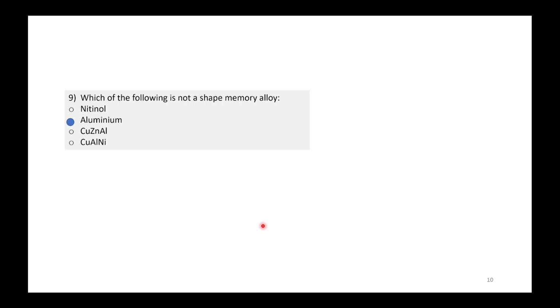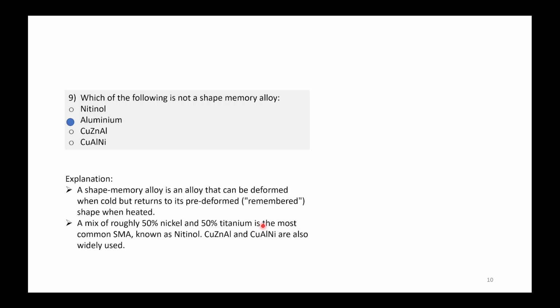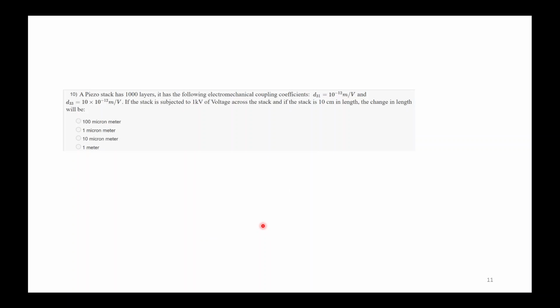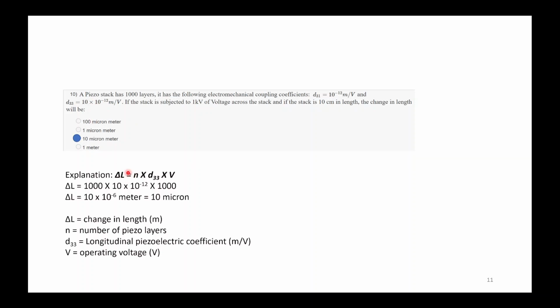Aluminium is the answer, others are shape memory alloys. Another numerical, in which there was a simple formula: delta L is equal to N times d33 times the voltage. All things are already given, you just have to put in the values and the answer will be 10 micron.